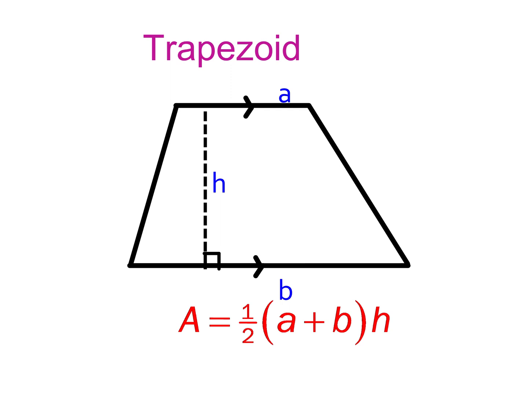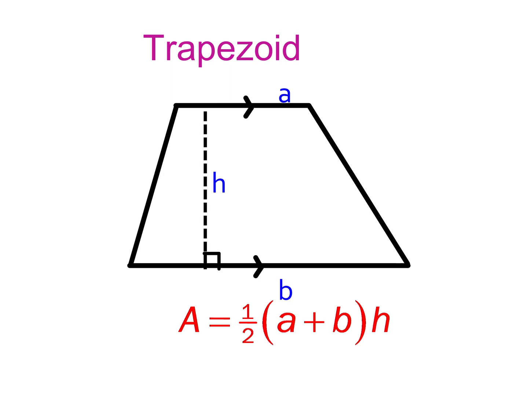The formula is half of a plus b times h. A is one of the parallel sides. B is the other parallel side. So you add them together, you divide by 2, and you multiply by the height. That's the area of a trapezoid.